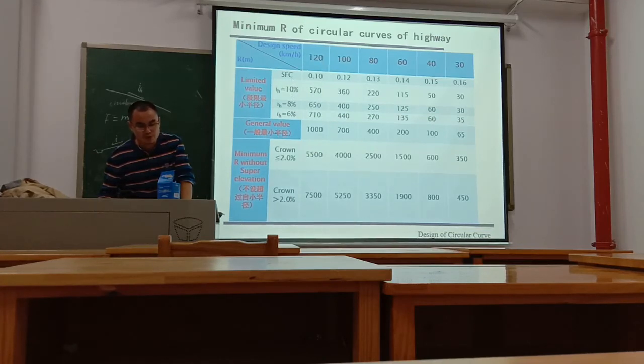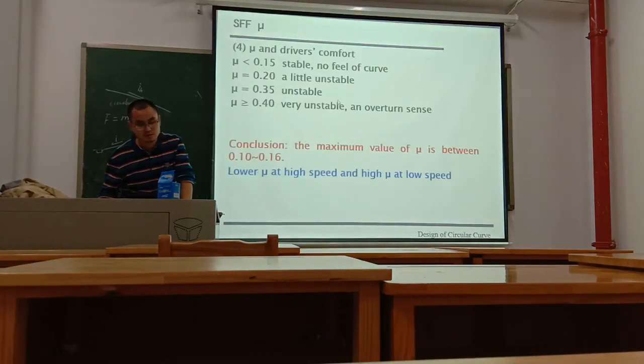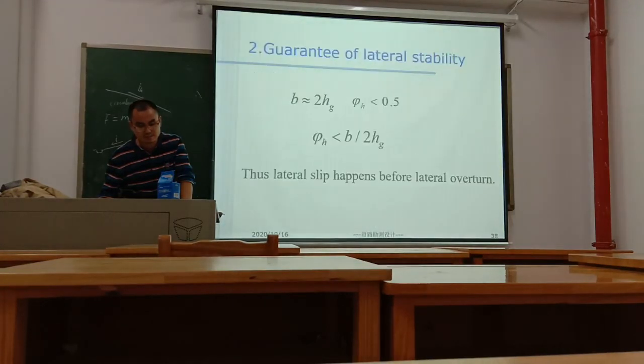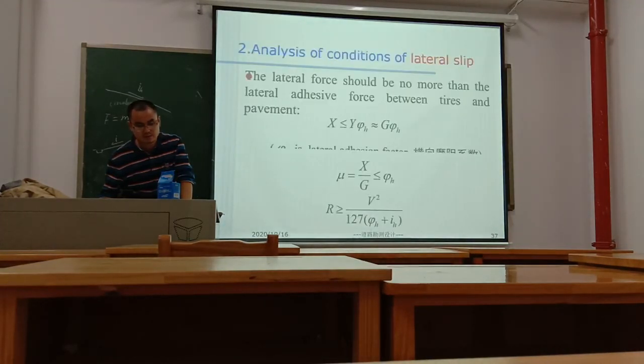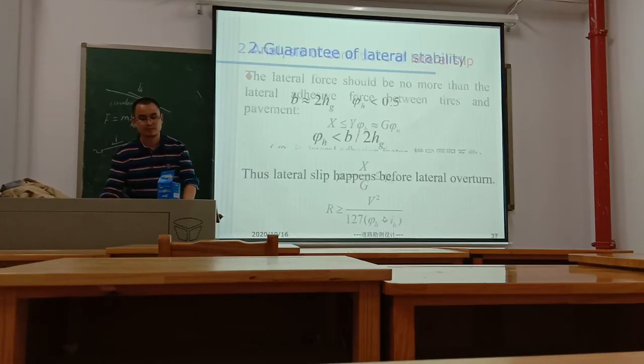You can calculate the R with this formula. Given IH and mu, we can get R.